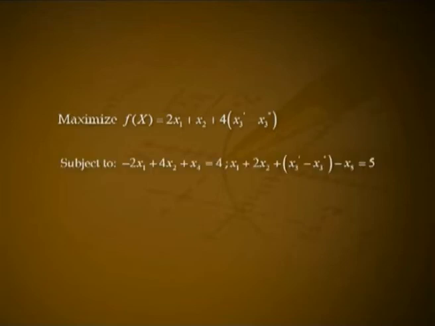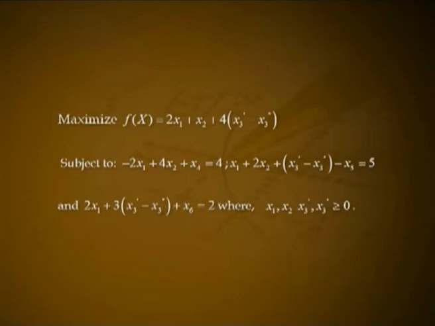Hence, the problem is to maximize f(x) equal to 2x1 plus x2 plus 4(x3' minus x3'') subject to minus 2x1 plus 4x2 plus x4 equal to 4, x1 plus 2x2 plus x3' minus x3'' minus x5 equal to 5 and 2x1 plus 3(x3' minus x3'') plus x6 equal to 2, where x1, x2, x3', x3'' greater than or equal to 0.